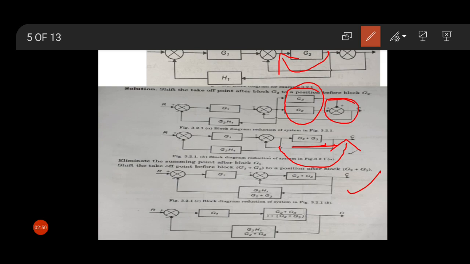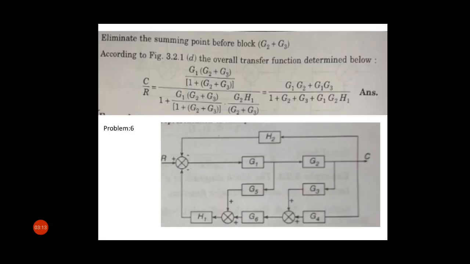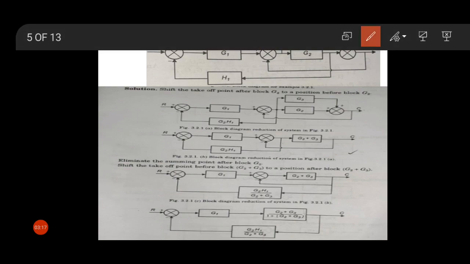Then eliminate this feedback loop. This is our one feedback loop. After eliminating this feedback loop, these two blocks are connected in cascade, so multiply the gain of these two blocks.